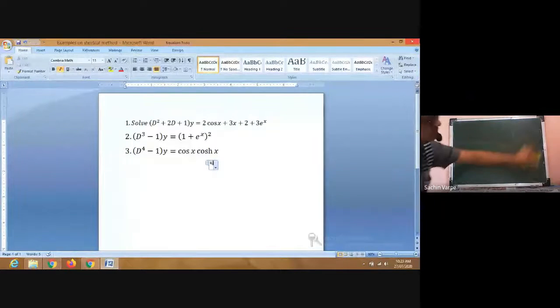Now this is a cubic equation, so we should have three roots. So what are those three roots?